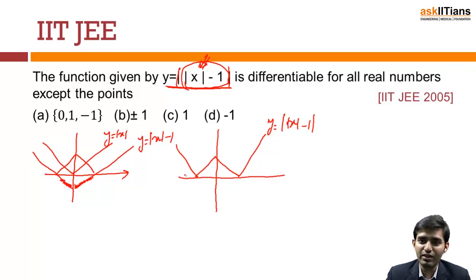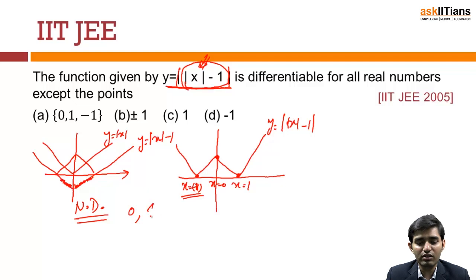This function is not differentiable where there are sharp corners, and we have sharp corners at x equal to minus 1, at x equal to 0, and at x equal to 1. So this function is non-differentiable at all these 3 points, 0, 1 and minus 1. So A would be the correct answer.